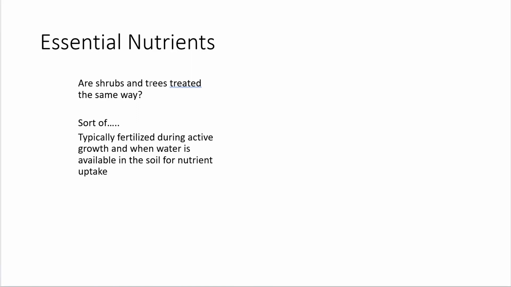This can be really effective, especially for trees that are in dire need of some specific nutrient. You can correct it really quickly with direct injections. And you see that a lot with tree services, that they will do fertilizers.